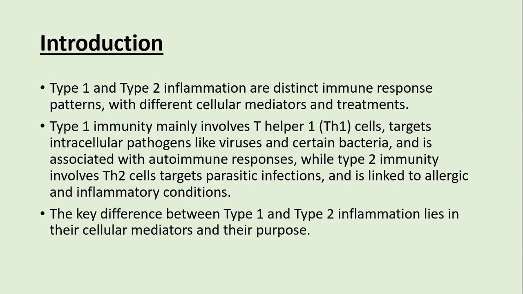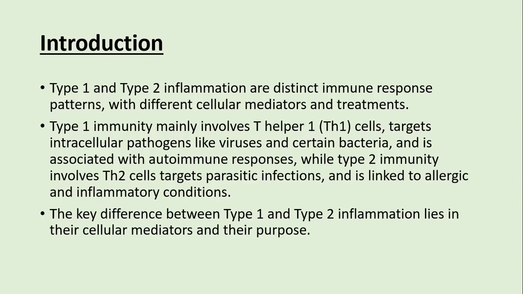So, type 1 immunity involves T helper 1 cells. It is a response mainly generated against certain bacteria and viruses. And in addition to that, this response is important in several autoimmune conditions that include several autoimmune skin conditions.